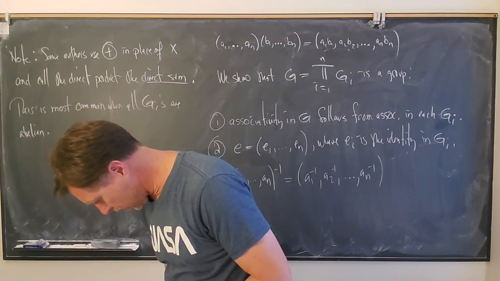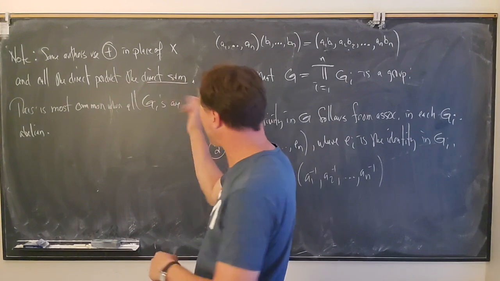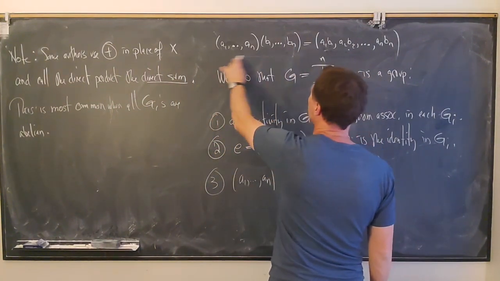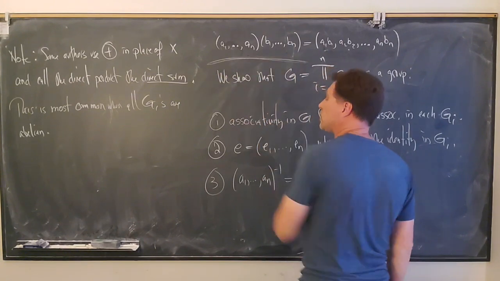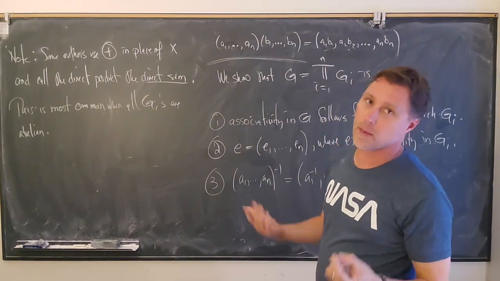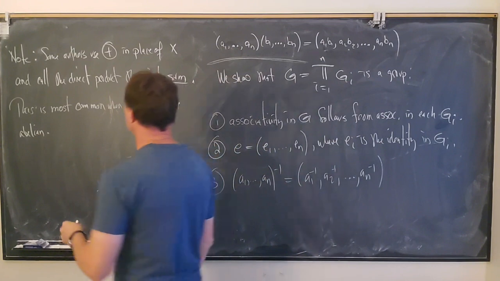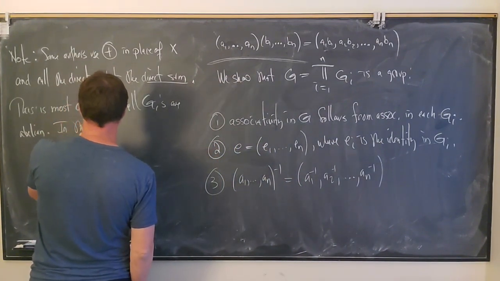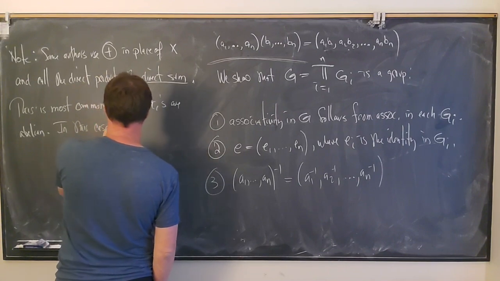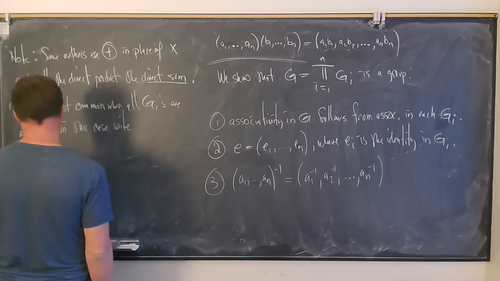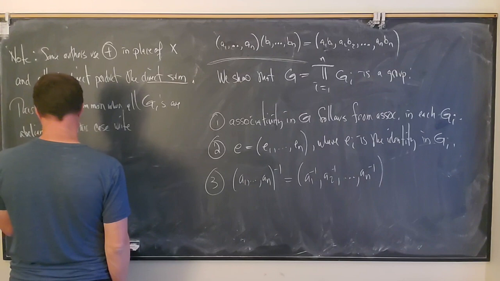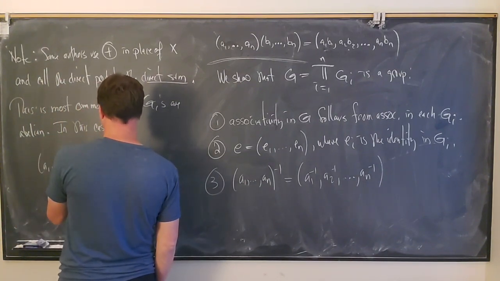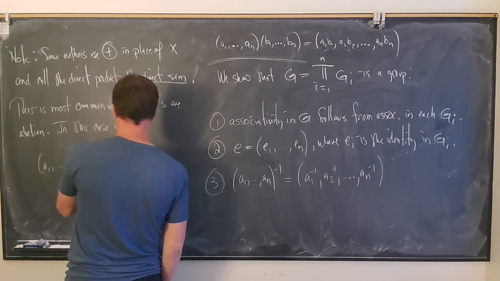And in this case, when they talk about the direct sum, then the notation for the operation is not going to be juxtaposition of n tuples. It's going to be sum of n tuples. So in this case, you write A1 dot dot dot AN plus B1 dot dot dot BN.